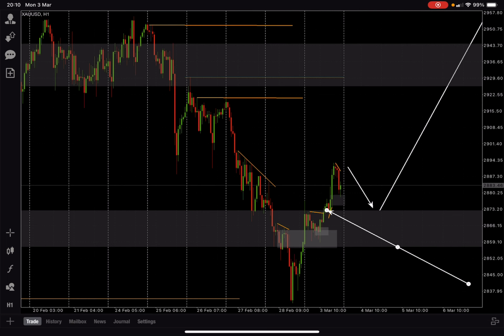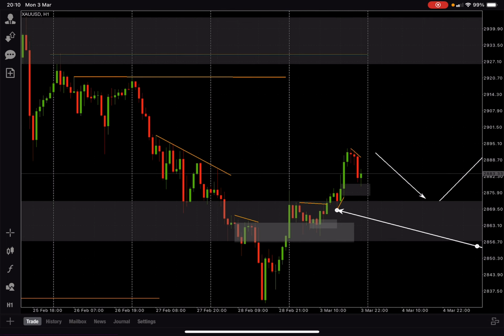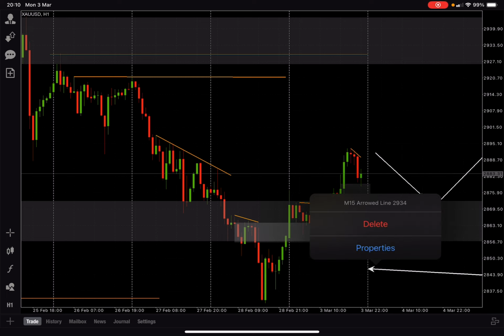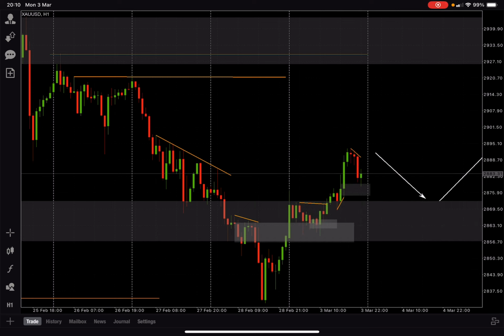Now if you go to the higher time frame, this is your consolidation, fake out, impulse move up, and now we're looking for that retest followed by a continuation up. It's exactly the same, it's just done on different time frames because of the different volume you see on the chart, different volume amounts.